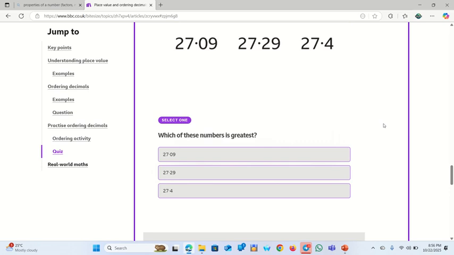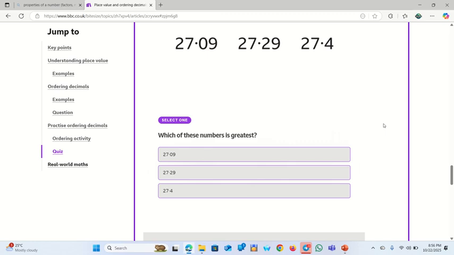Which of these numbers is greatest? Are you still with me?